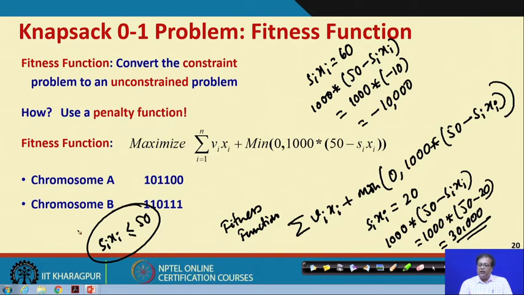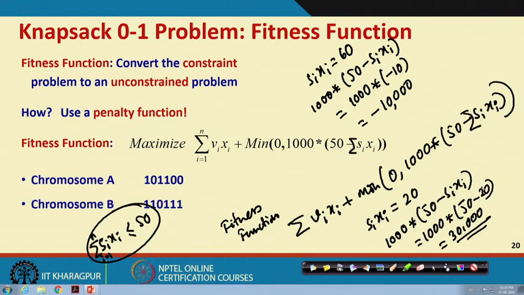Yes, in all these cases, the sum over i is missed, so please put that sum in. This is the sum, that means the total weight should be within 50. So, that is the sum.